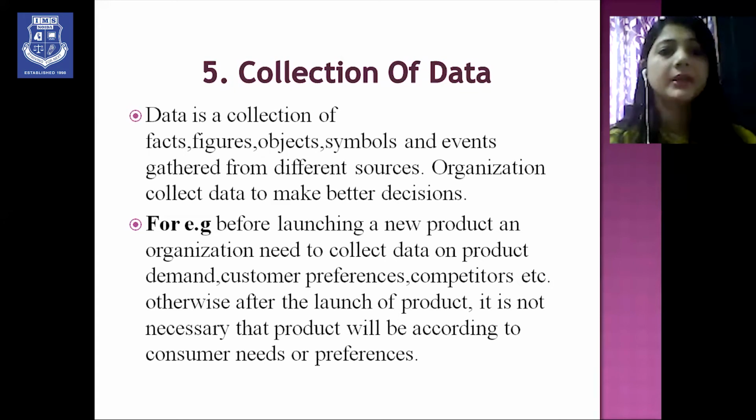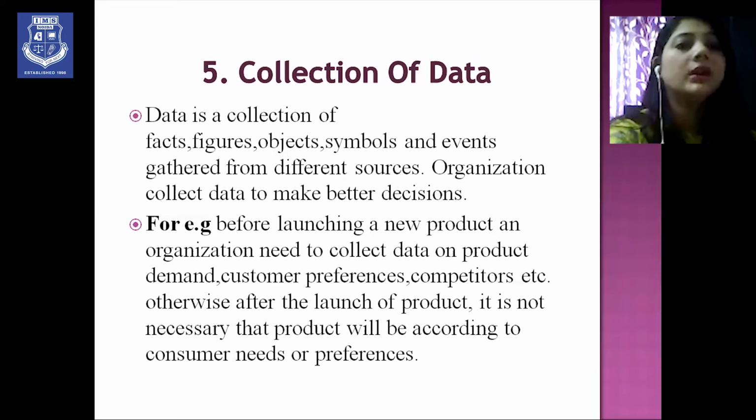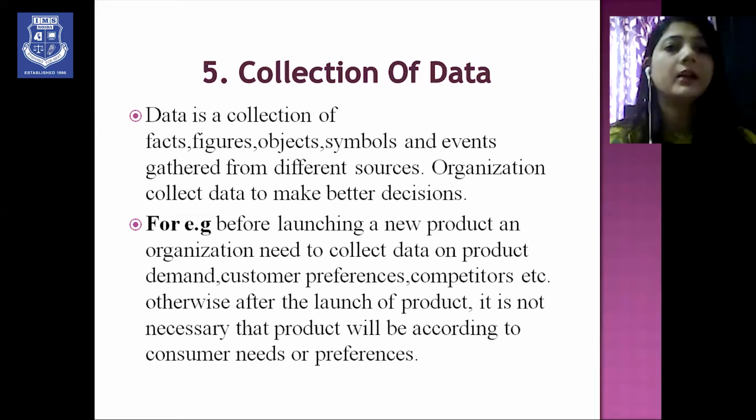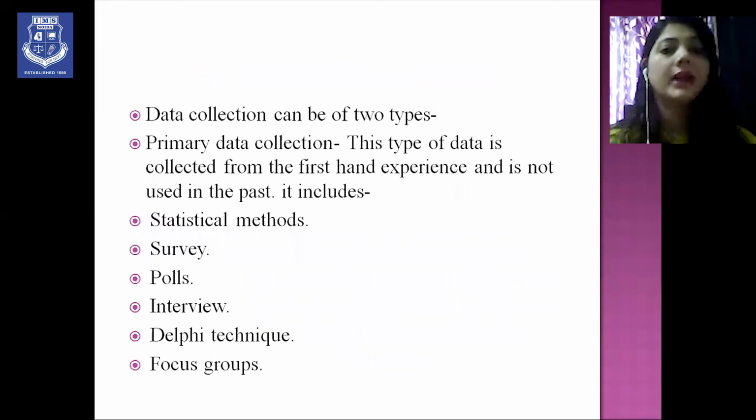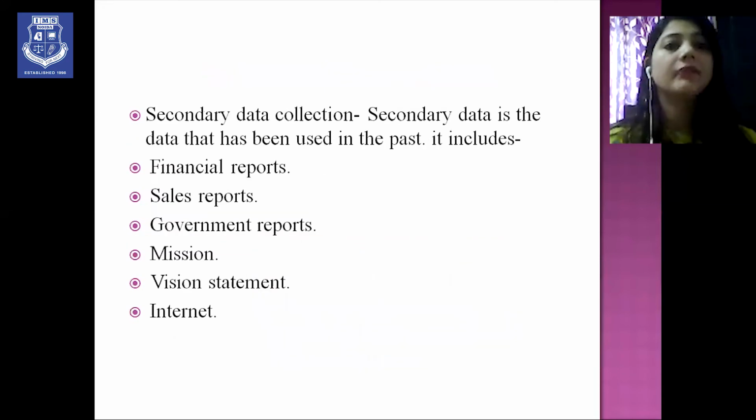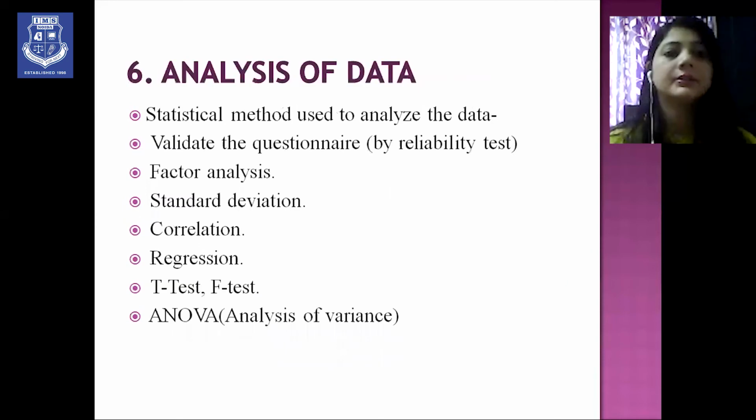That is primary data collection, which is first-hand, and it includes statistical methods, surveys, polls, interviews, Delphi technique, focus groups. While on the other hand, secondary data is the data which was used earlier, and it can be financial reports, sales reports, government reports, mission statements, vision statements of any company internally.